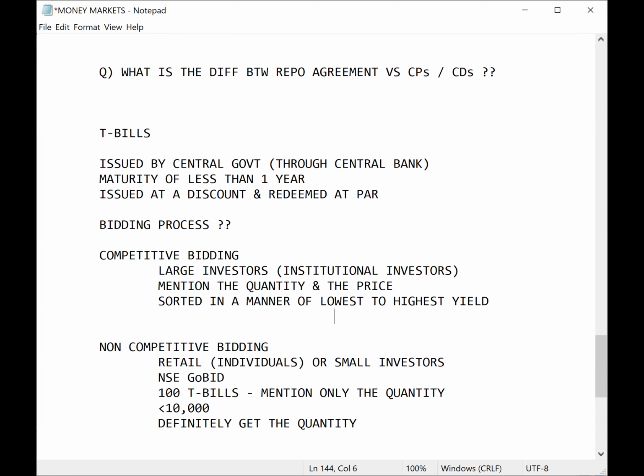So that would be sorted in that manner, and then the allocation would happen.